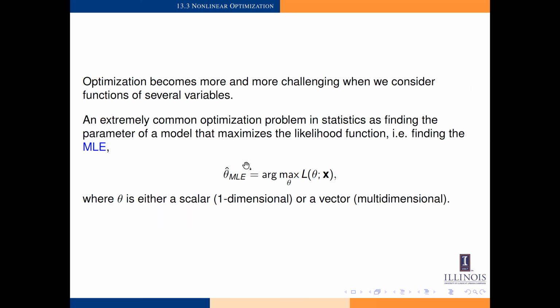Recall that the theta hat MLE is given by the value of theta such that the likelihood function is maximized. So you can see here, the likelihood function is the objective, and we are trying to find a theta, which can be a scalar or a vector, that maximizes the objective.